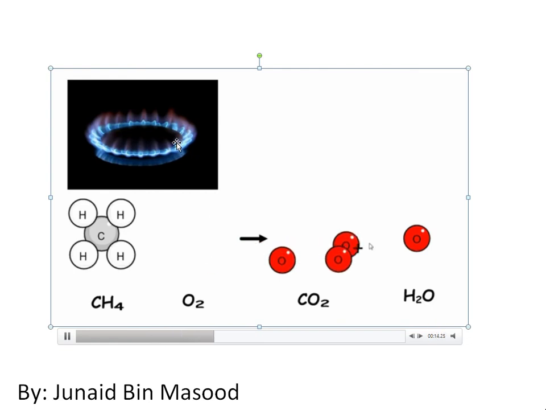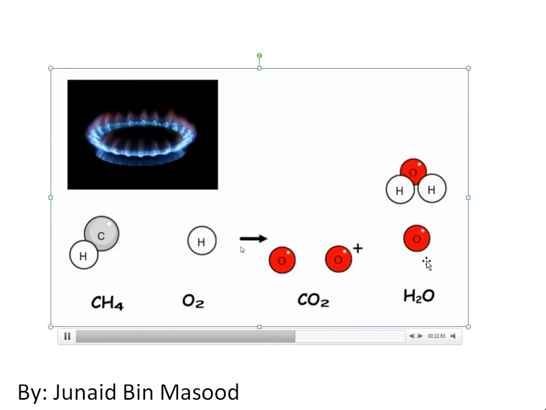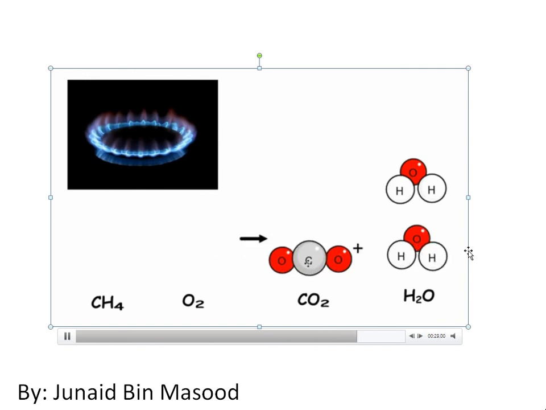Just observe very carefully. This is the model. So basically 2 molecules of water are being formed in the burning process. This is water and carbon dioxide when you burn methane, okay? This is called burning of natural gas, the stove.